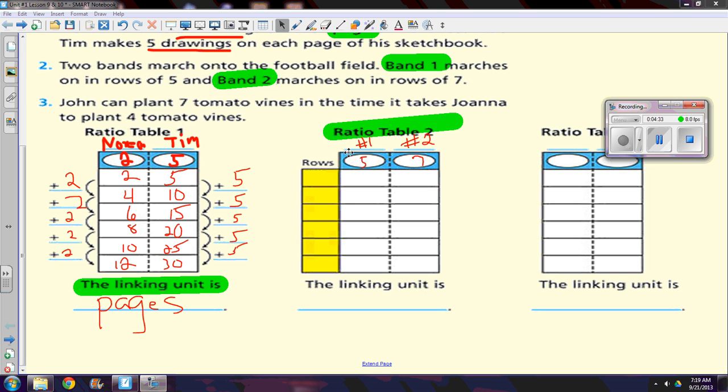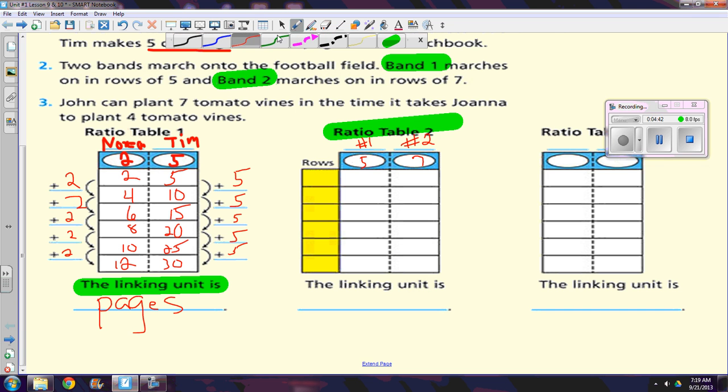Now here you have a third column, which is titled already for your rows. So in row 1, it'd be 5 to 7. In row 2, it would be 10 to 14, and so on.